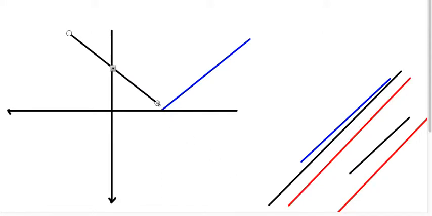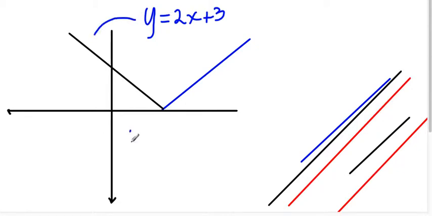So this equation becomes y. Our original was y equals 2x plus 3. That was the original line over here that went down. When y is equal to the absolute value of 2x plus 3, we only have positive values for y.